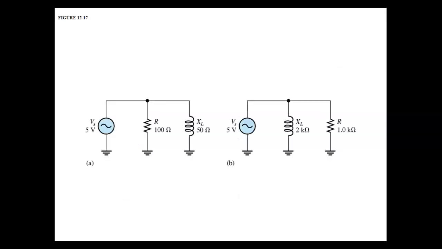So let's see if we can do this one. Here they've given us the values. So what would I do? We'll probably look for IR. We can look for IL. Voltage is constant, so we'll look for IR, then IL.